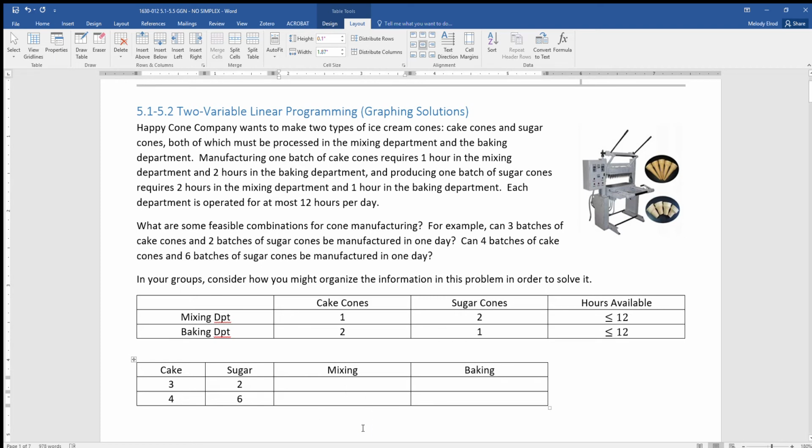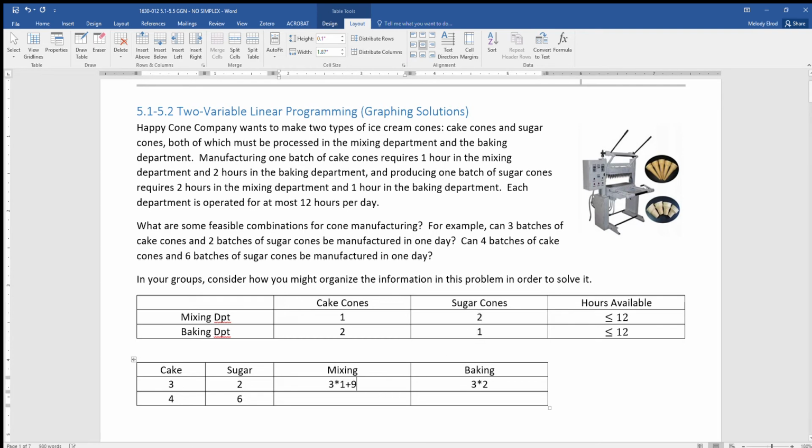And so if we do this, we can look back and say, okay, if we need 3 batches of cake cones, then that's going to be an hour in the mixing, 2 hours in the baking. So we've got 3 times 1 over here, and 3 times 2 over here. But we also have 2 batches of sugar cones, which is going to be 2 in the mixing, 1 in the baking.